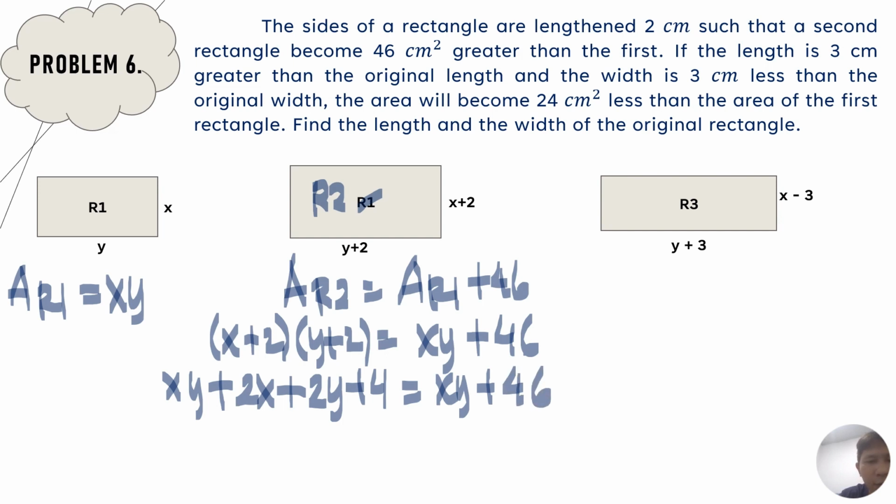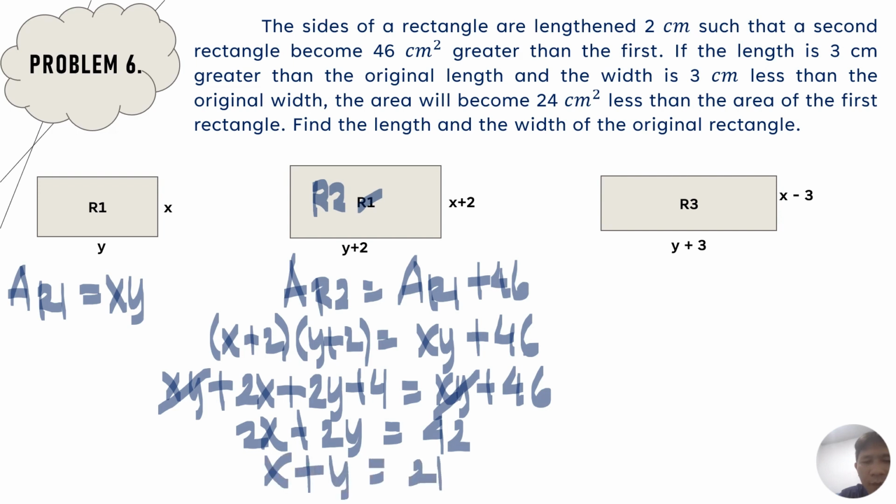Then we can cancel xy and xy, so the remaining is 2x plus 2y equals 46 minus 4, so 42. Then we make it simpler, divided by 2, so x plus y equals 21.